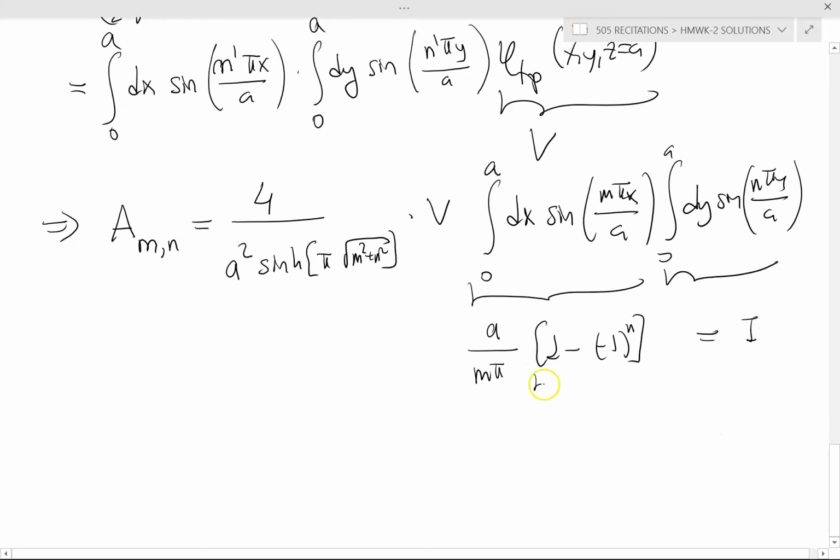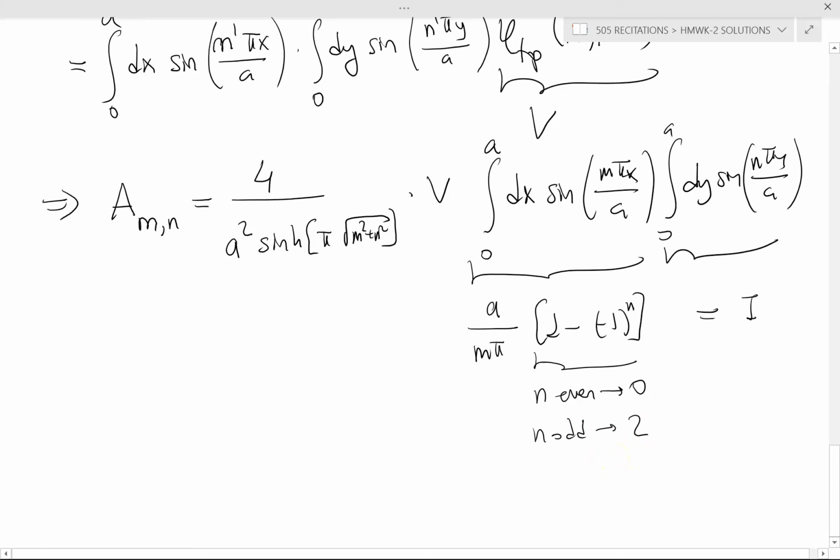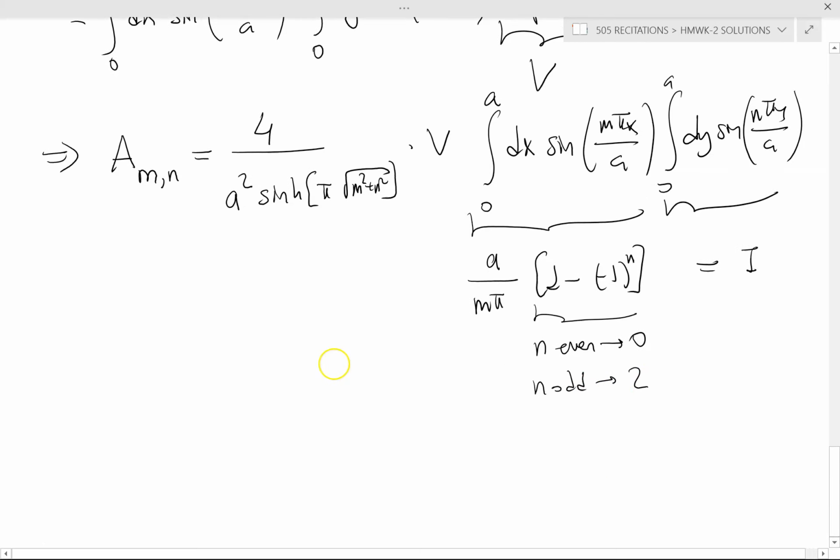Okay, but this is 0 for even n and 2 for odd n. Similar argument goes for the right side. Hence, overall, a_mn is nothing but 2 comes from this side, 2 comes from this side. So the square of these giving me a 4 and multiplied by 4, 16 V a squared.